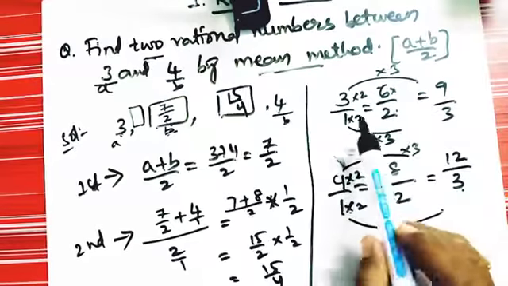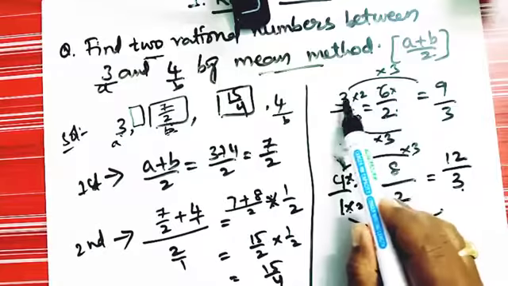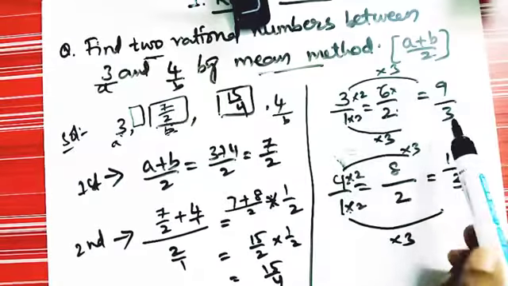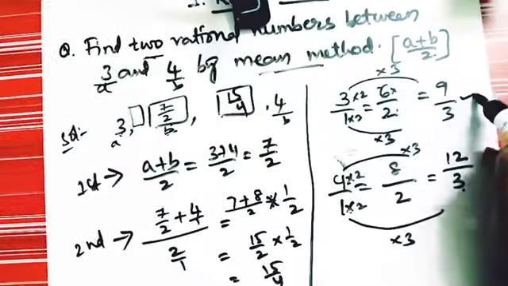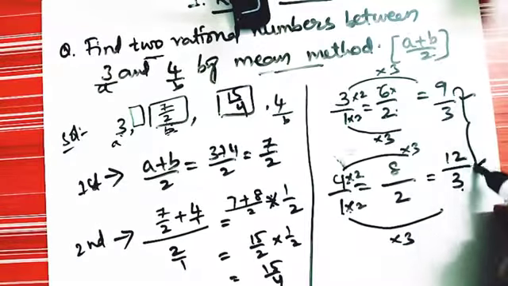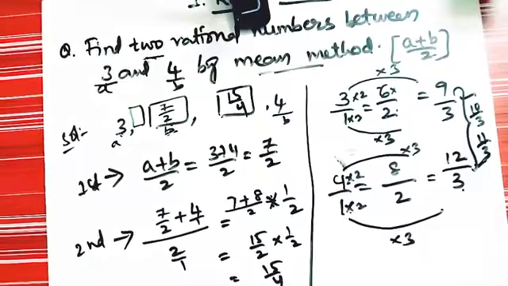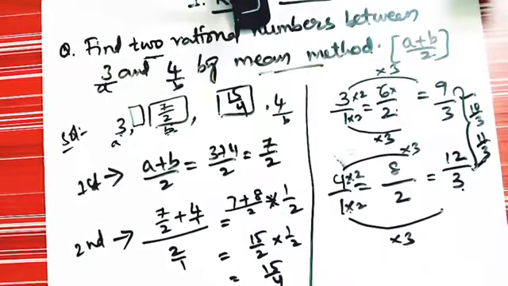I am writing the equivalent fraction for 4, that is 8/2, as 12/3, and for 3, that is 6/2, as 9/3. Now look here, between 9/3 and 12/3 you will get two rational numbers, that is 10/3 and 11/3. Like this also you can find rational numbers between two given numbers.